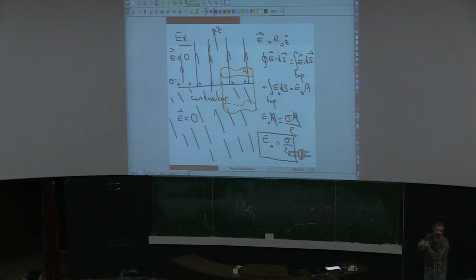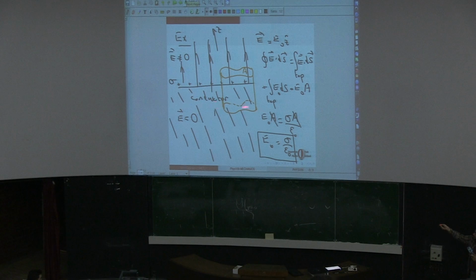But it is perpendicular to all the ds's for these very small elements on the sides of my cylinder. It basically means that to this sum, there is no contribution from the ds's on the sides of my cylinder. So there's no contribution from the side.